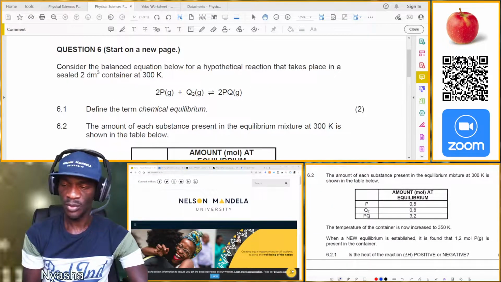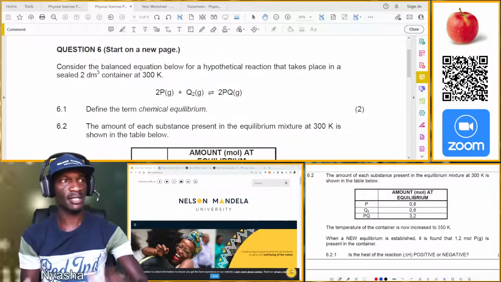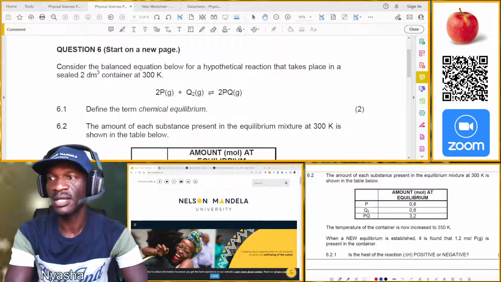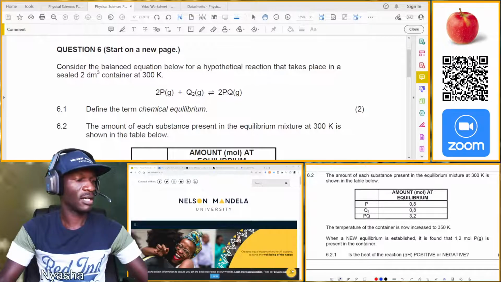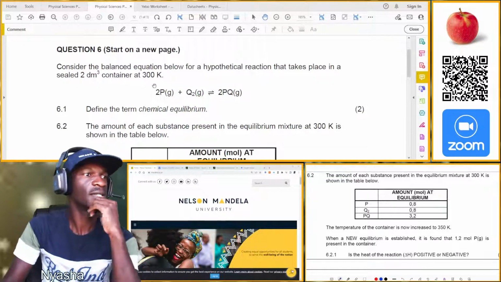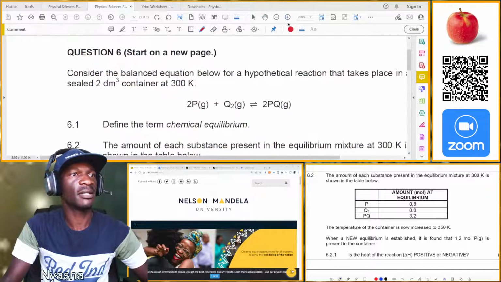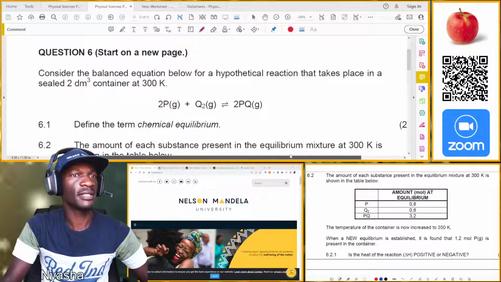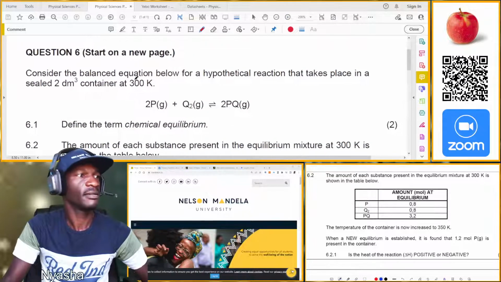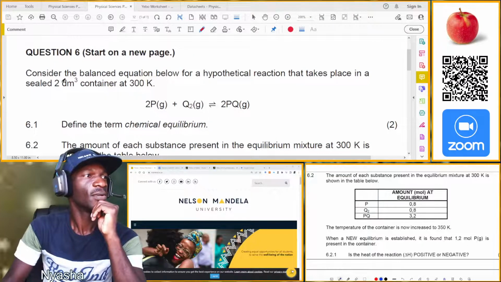So last week we carried out certain calculations that prepared us for this question. Let's just read it out at first. First of all, we've been introduced to the chemical reaction that's taking place here. Let's just blow this up so that we can see, right, like that. So this is a balanced equation.